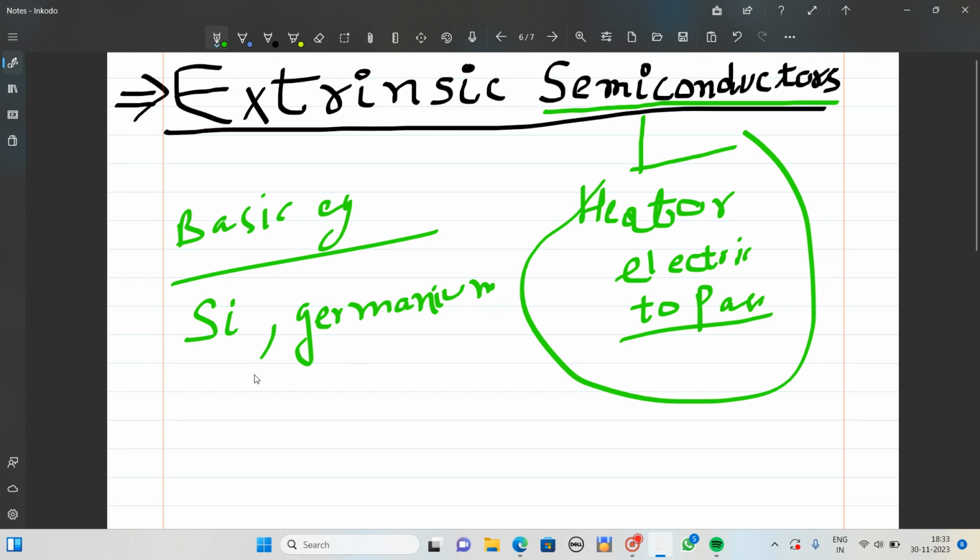So what type of material does a semiconductor include? It can be made up of silicon, or it can be made up of germanium.